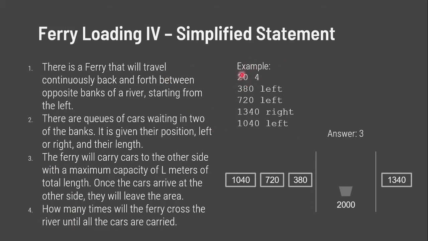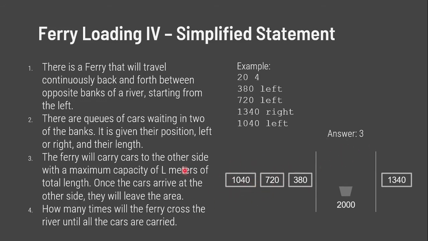The L is 20 meters, which means it is 2000 centimeters. And 4 here is the number of cars. And these are the lengths and the positions, respectively. Note that you should put in the cars in order. So in this case, it's 380, 720, and 1040.